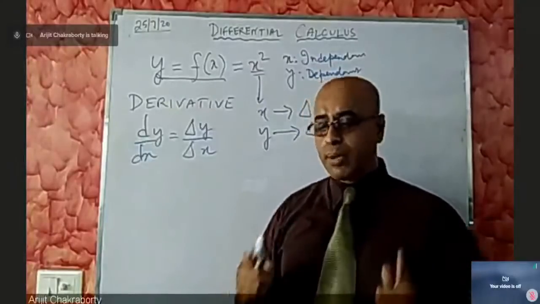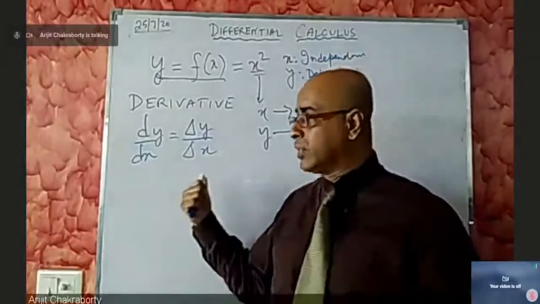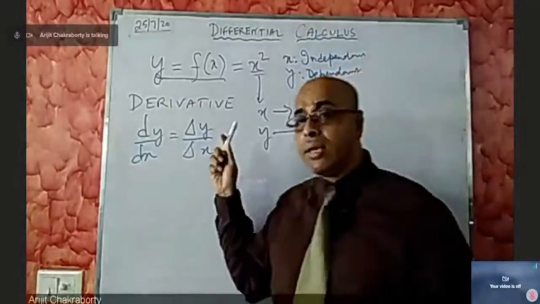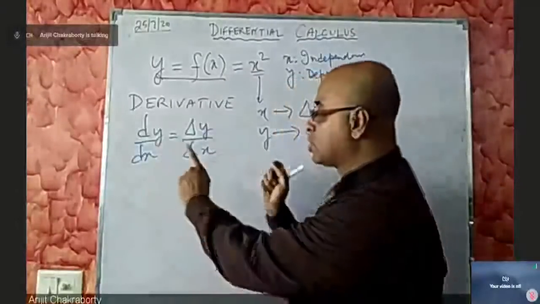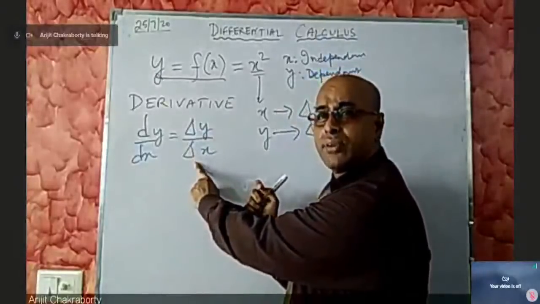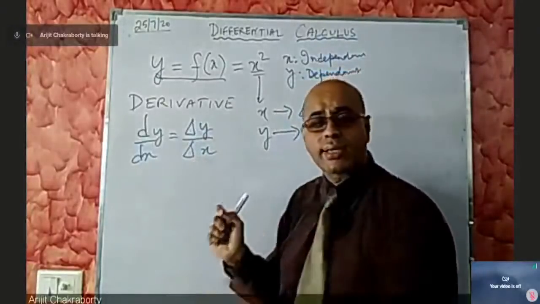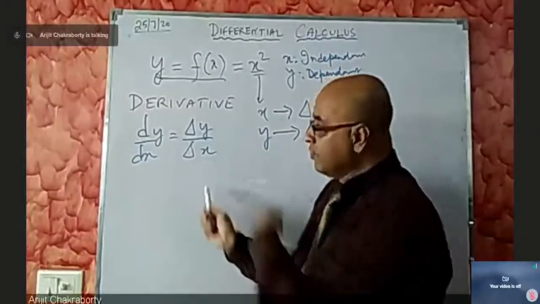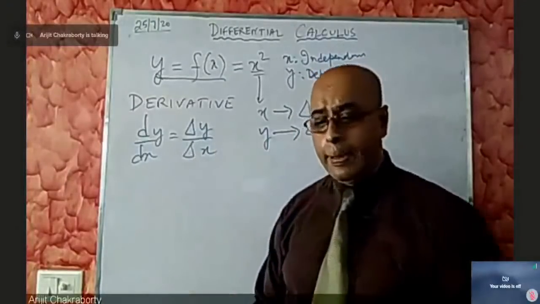Right? So this is the basic concept of differential calculus, where we are trying to find out the impact of a change in the independent variable on the dependent variable y.